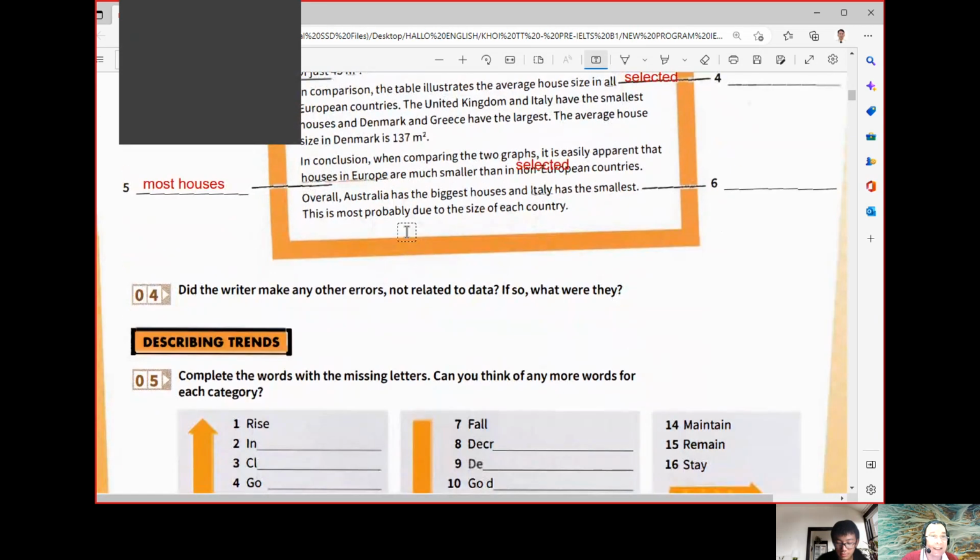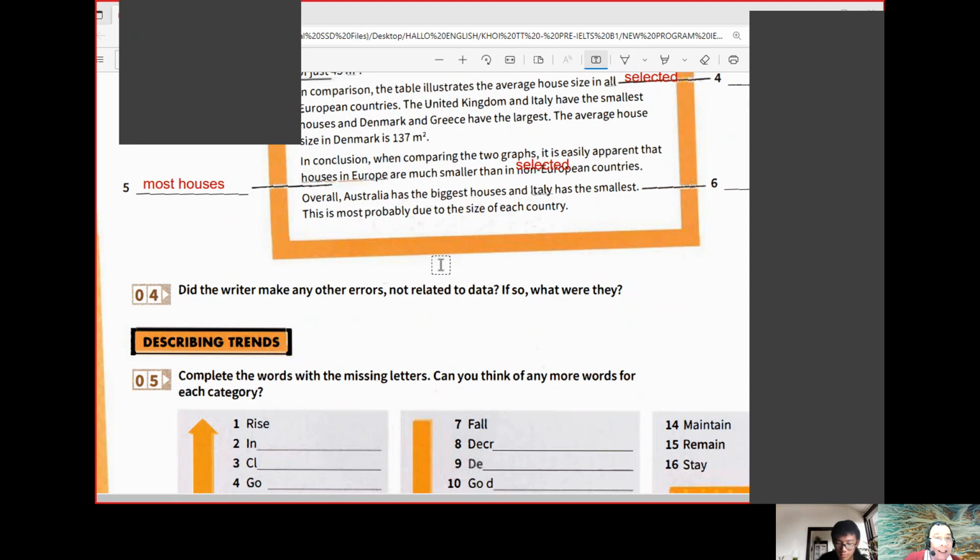Okay, next, overall, Australia has the biggest houses and Italy has the smallest houses. So what do you think? Is this correct? Overall, Australia has the biggest houses and Italy has the smallest.